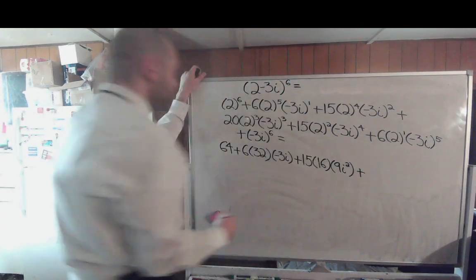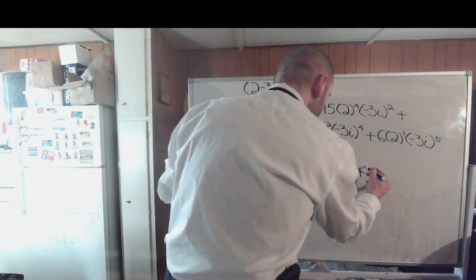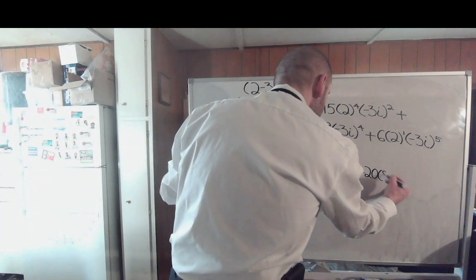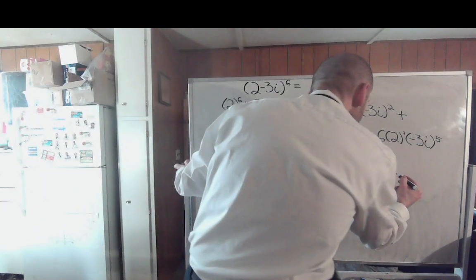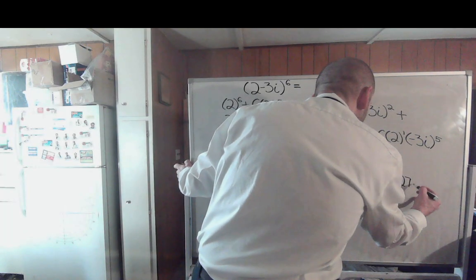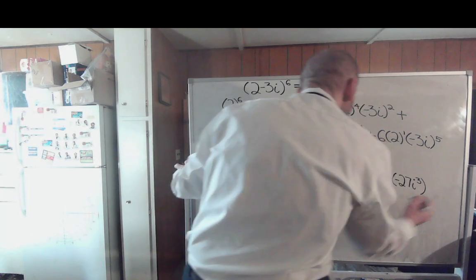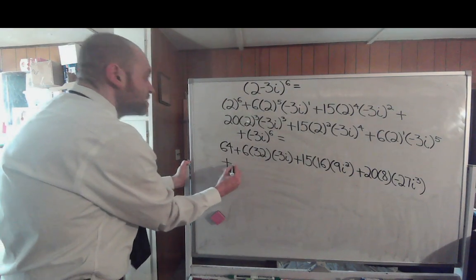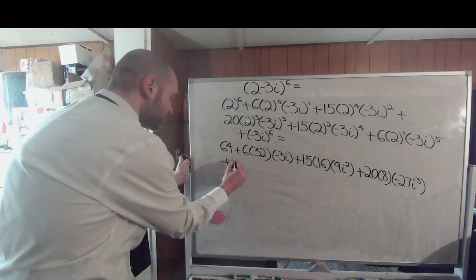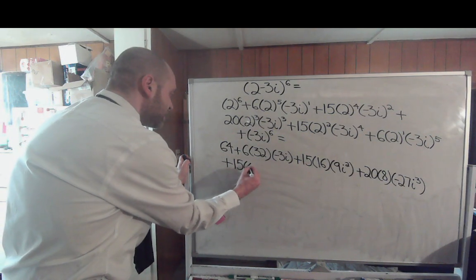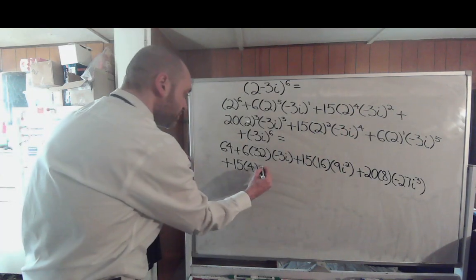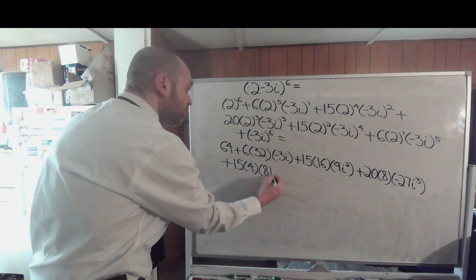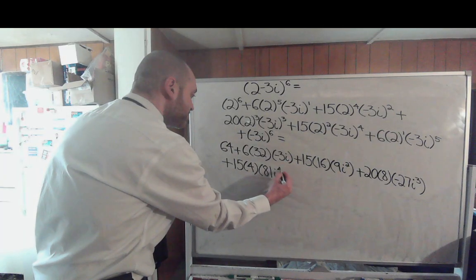Plus you're going to have 20 times 2 to the third, so that'll be 20 times 8 times that negative 3i to the third, that'd be times negative 27i to the third, plus you'll have 15 times 2 to the second, so that's 15 times 4, times negative 3i raised to the fourth, that'd be times positive 81i to the fourth.